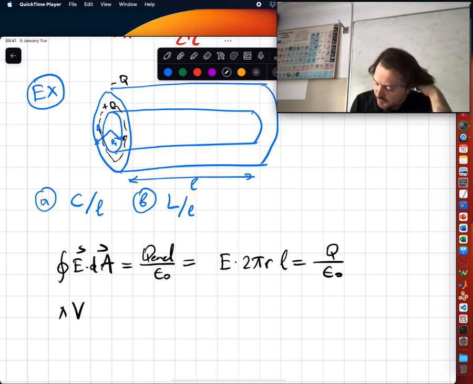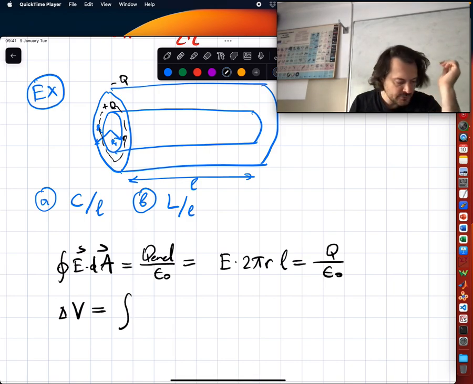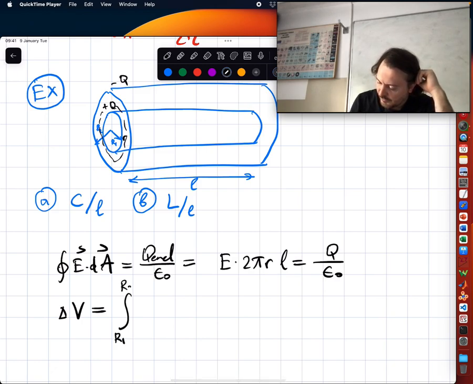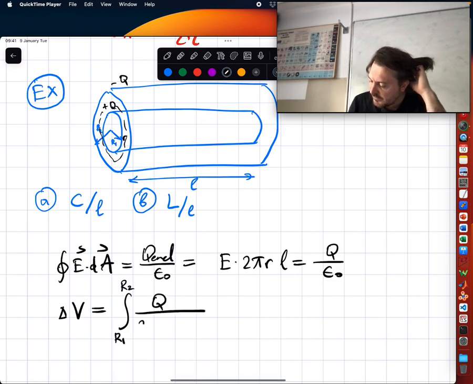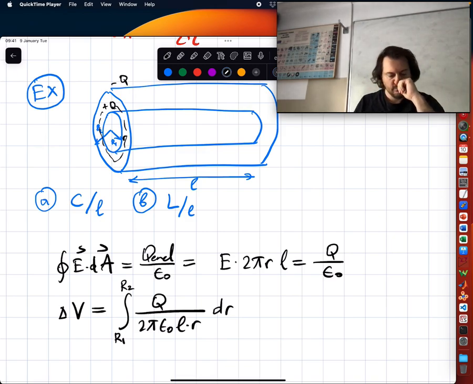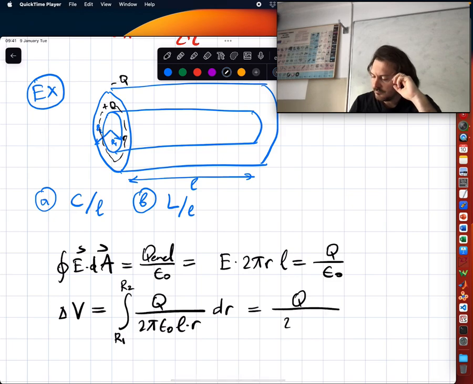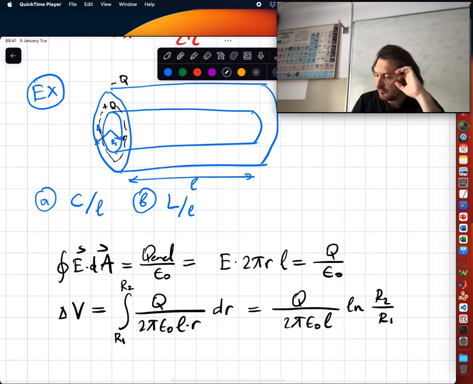So delta V is going to be the integral, and I don't want to run into negativities, so I think if I go from R1 to R2, integrate the electric field, Q over 2 pi epsilon 0 L times 1 over r dr will give you the potential difference, right? So what do you get? You get ln R2 over R1.